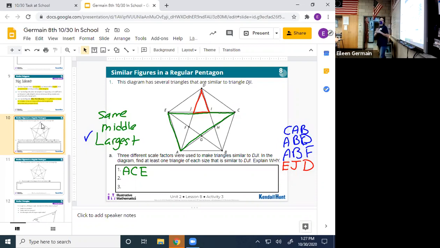I love it. So let's take a look at some of these examples. Avery said CAB. Let's check that one out. Do we agree? No. Is that one similar? Why do we think that it's not similar? Because if you reflected it onto the shape, it wouldn't fit perfectly.